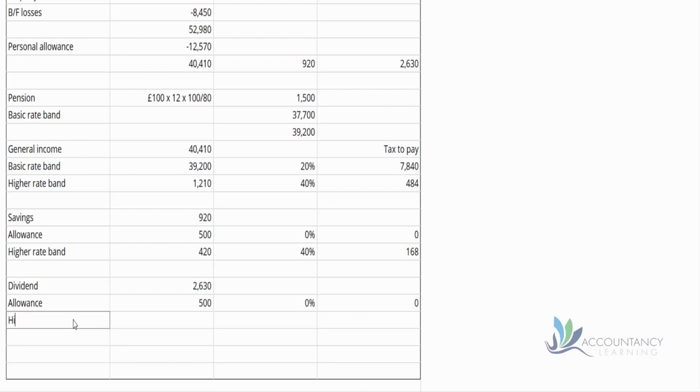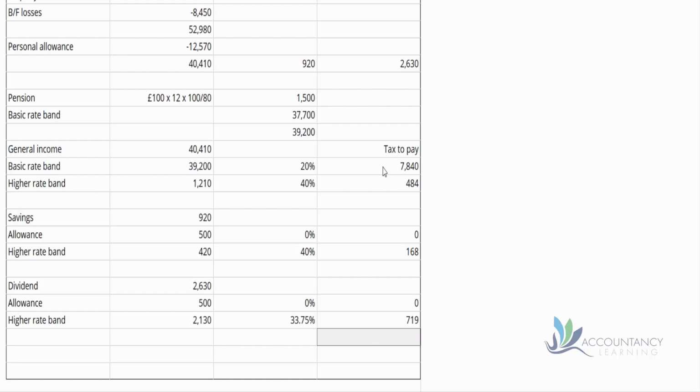And then the rest of it is in the higher rate band. So we've got 2,130 of the dividend income fitting into that band. And then the higher tax rate is in the reference materials as 33.75%. And that gives us 719 of tax to pay.